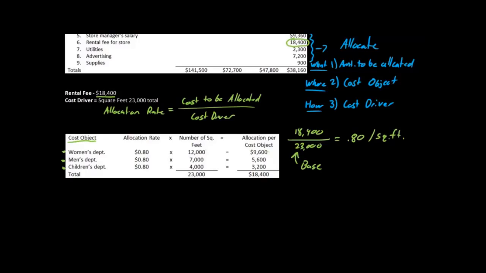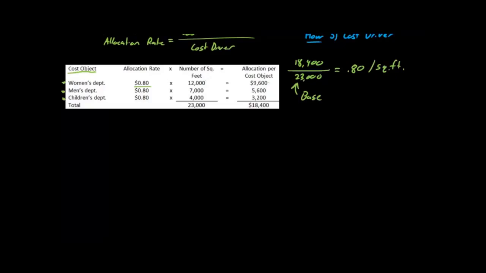So what this allocation rate tells us is that for every square foot that the department takes up, we should allocate 80 cents of the rental fee to that department. You can see how I broke that down here. For the women's department, we are going to allocate 80 cents for every square foot, and the women's department takes up 12,000 square feet. It's the biggest department, so we're going to allocate $9,600 of the total rental fee to the women's department.